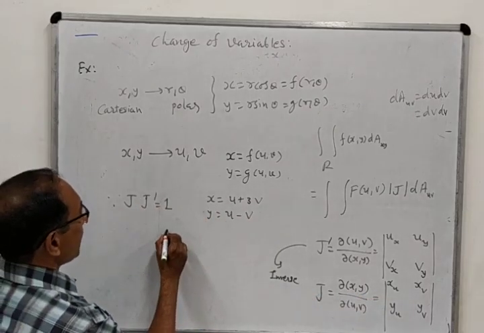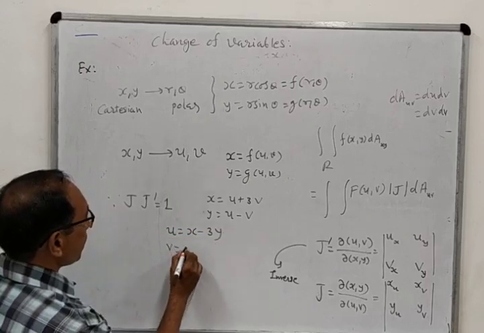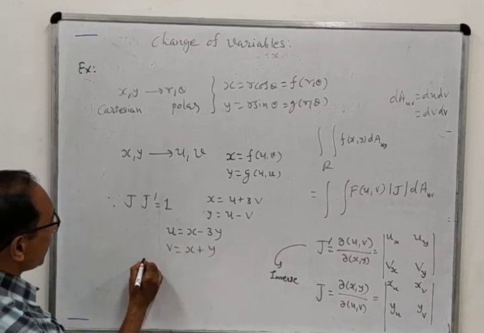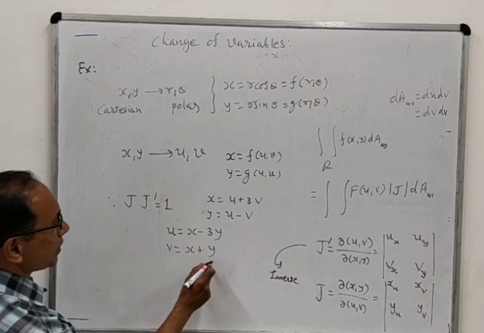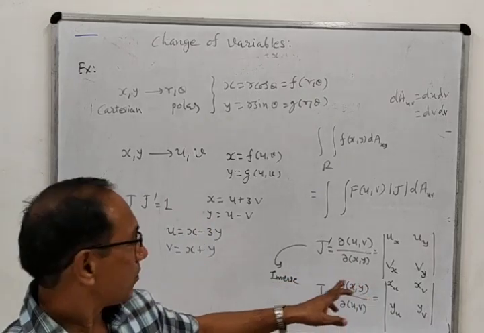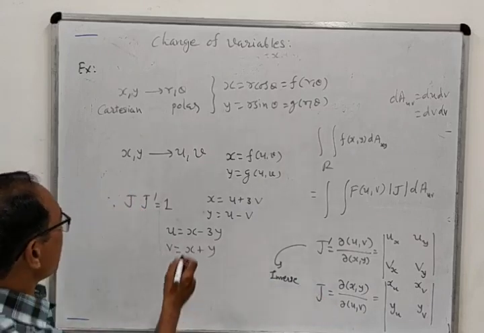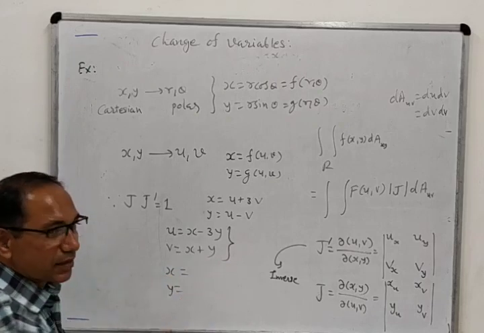Otherwise, sometimes we are given the equations like u equal to x minus 3y and v equal to x plus y. Then it is better to find derivative of u with respect to x, u with respect to y, v with respect to x, v with respect to y. Then it is better to find J', because if we directly want to find J, we require converting these two equations into x equal to something and y equal to something. But this takes time.